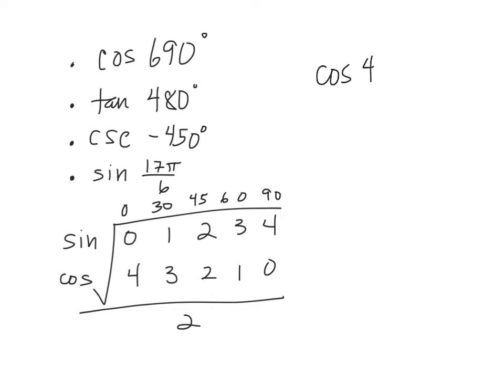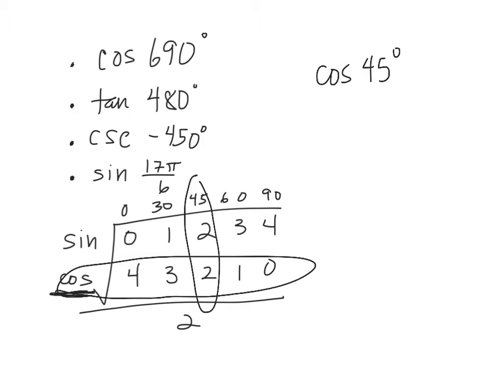So let's say we have cosine of 45 degrees. We go to our cosine row and then our 45 column, and we get the square root of 2, and we divide that answer by 2. There's no math behind this table.